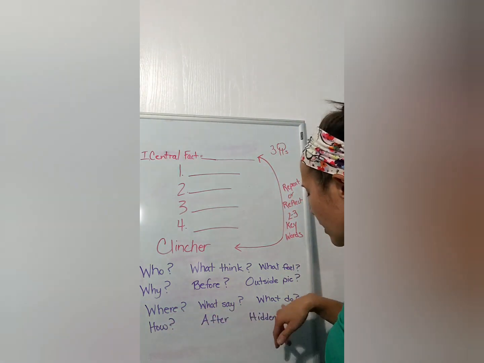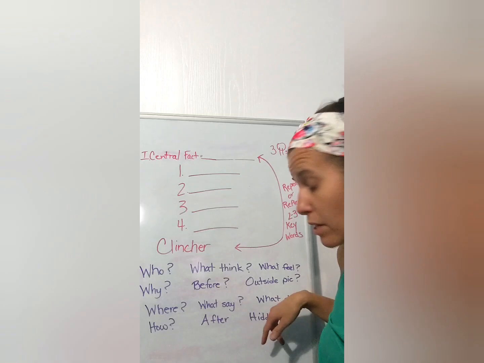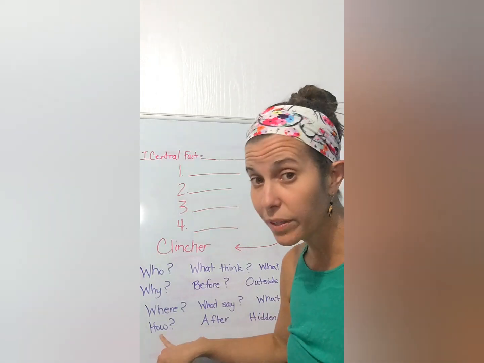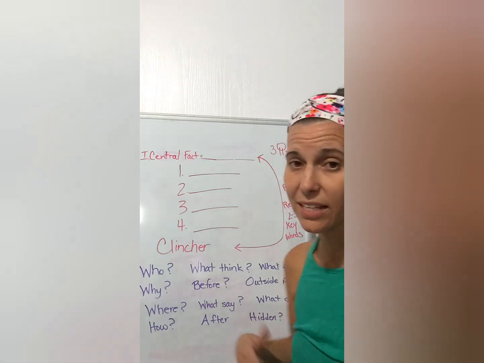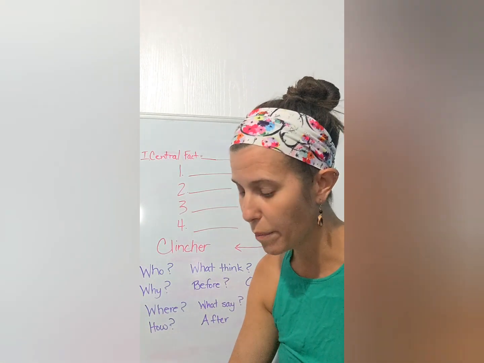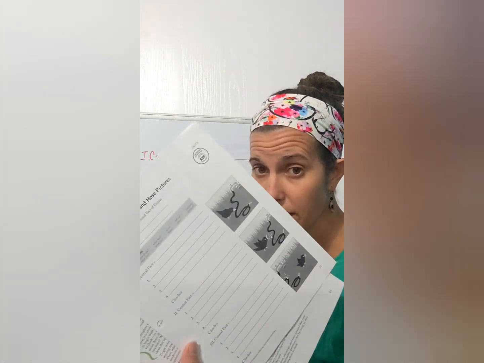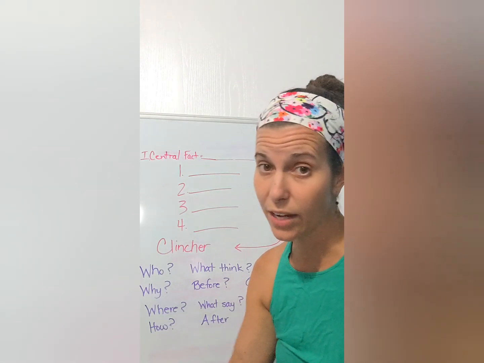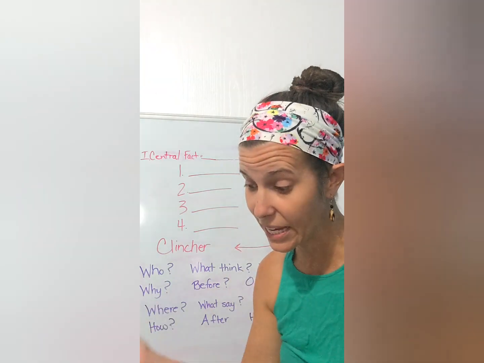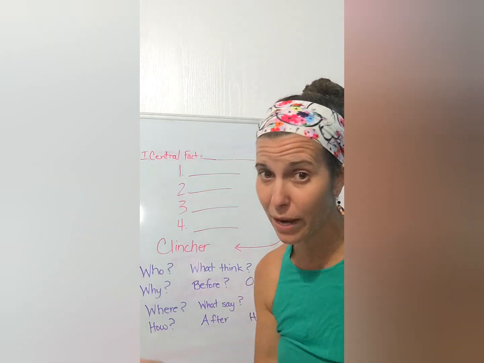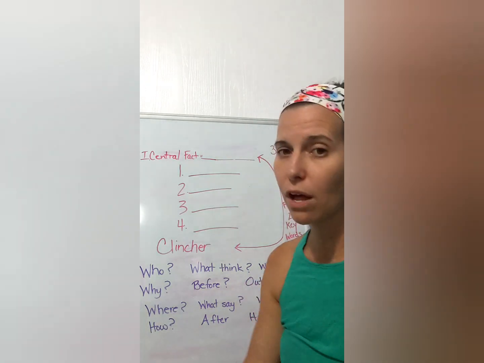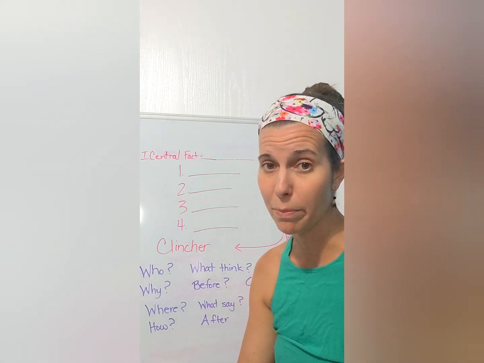What were they saying? What did the person or character do? How did they do it? What happened after this picture? Or is there anything hidden that we don't see? Like maybe below this snake is an actual snake, or maybe there's wind blowing that's making the garden hose move around and look like a snake. So there's all kinds of things that the students can come up with.